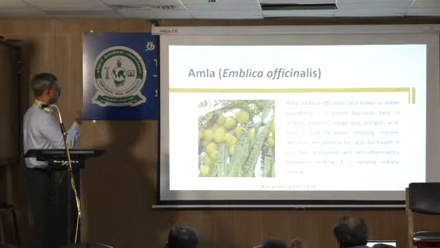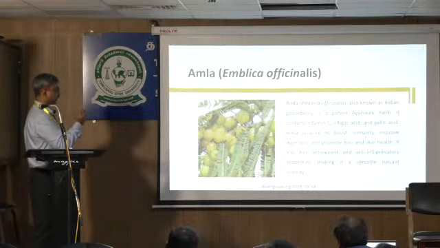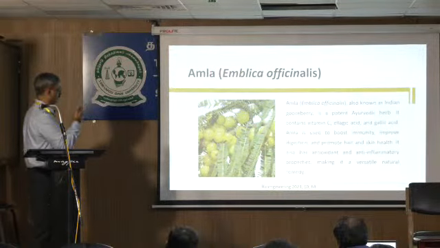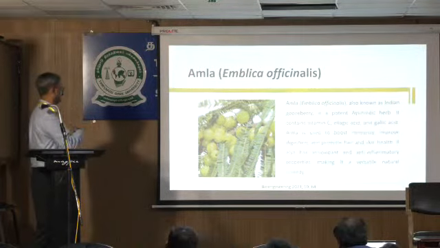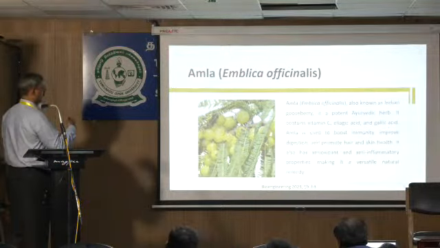Amla, also known as Indian gooseberry, is a potent Ayurvedic herb which contains vitamin C, ellagic acid and gallic acid. I am going a little faster because of time constraints, so that I can complete the given molecules on time.